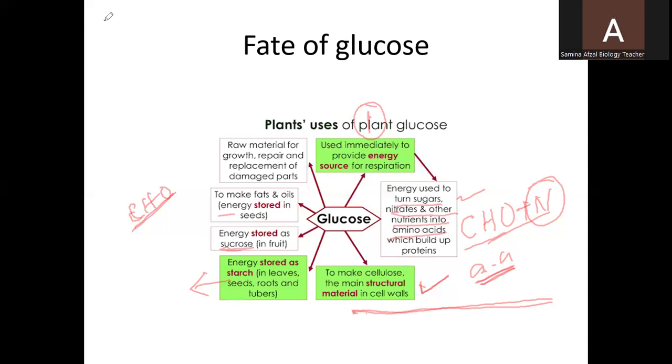So that is the reason they are fats. They have a lower concentration of oxygen in comparison to carbohydrates. So next is raw material, which is used for growth, repair, and replacement of damaged parts of the plants. So in this way, glucose is used in many ways to perform different activities in the plants.